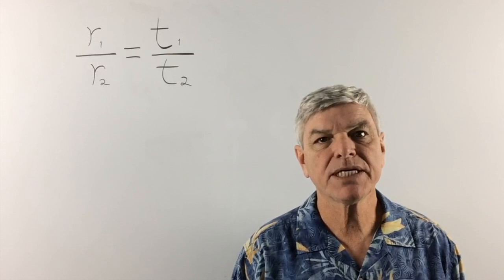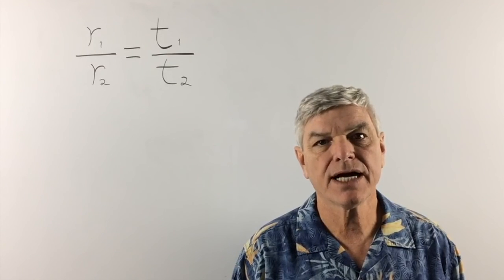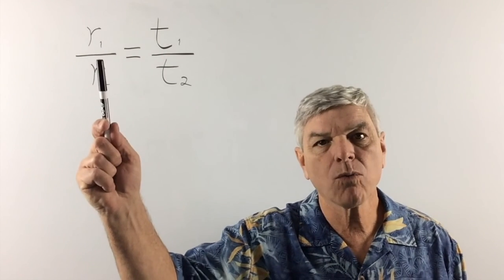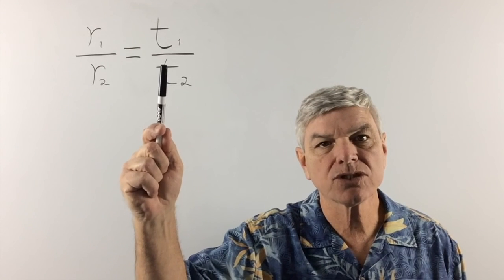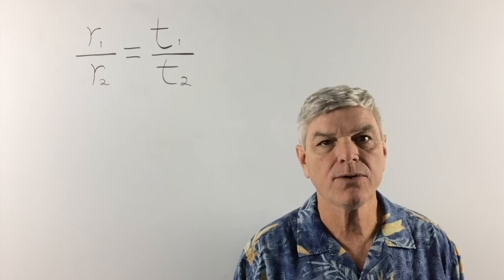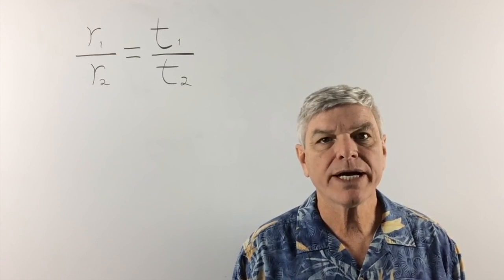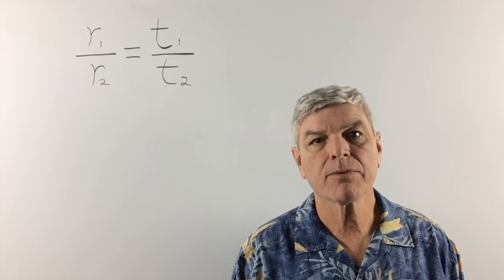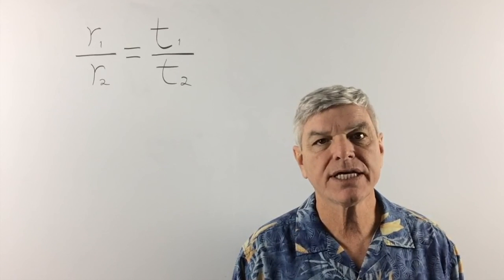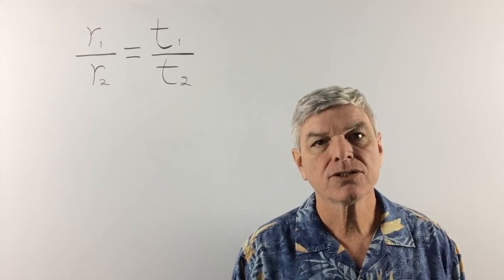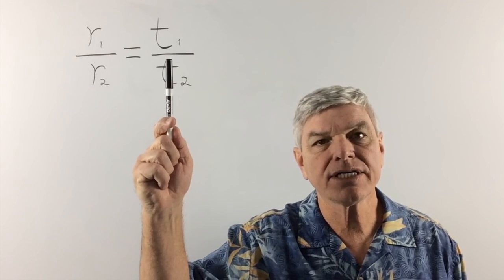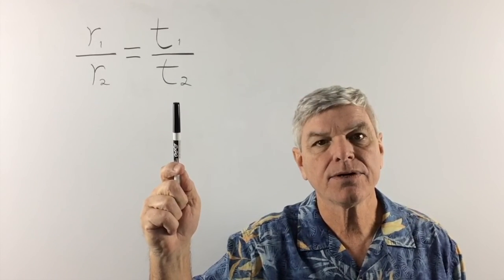Okay, let's try our speed problem using the same type of methodology. We have R1 over R2 equals T1 over T2, but that's the way to solve a problem with direct proportion. What we're doing here is inverse proportion. So we're going to have to invert T1 and T2.